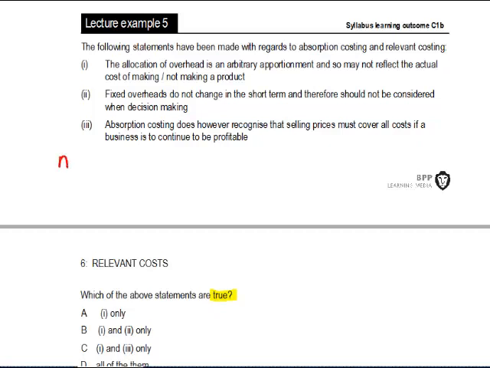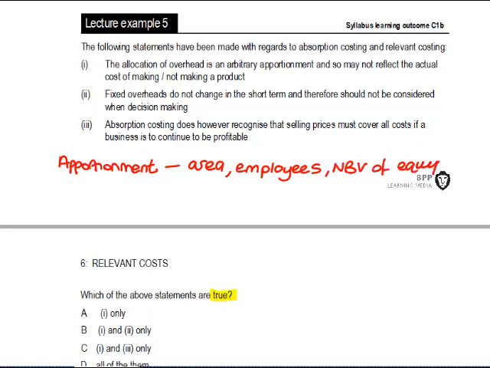So we do some apportionment along the way of costs that we can't directly put into a cost centre. So for example, we might use things like area. We've used things like employees, if we're thinking about, for example, canteen costs, or we might use things like the net book value of equipment to actually share out costs over cost centres.